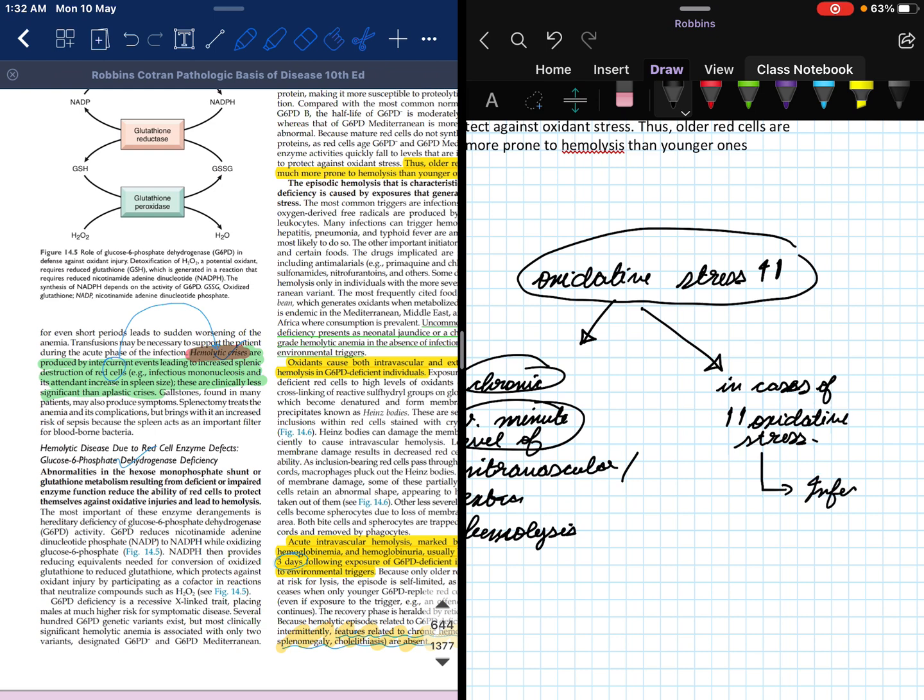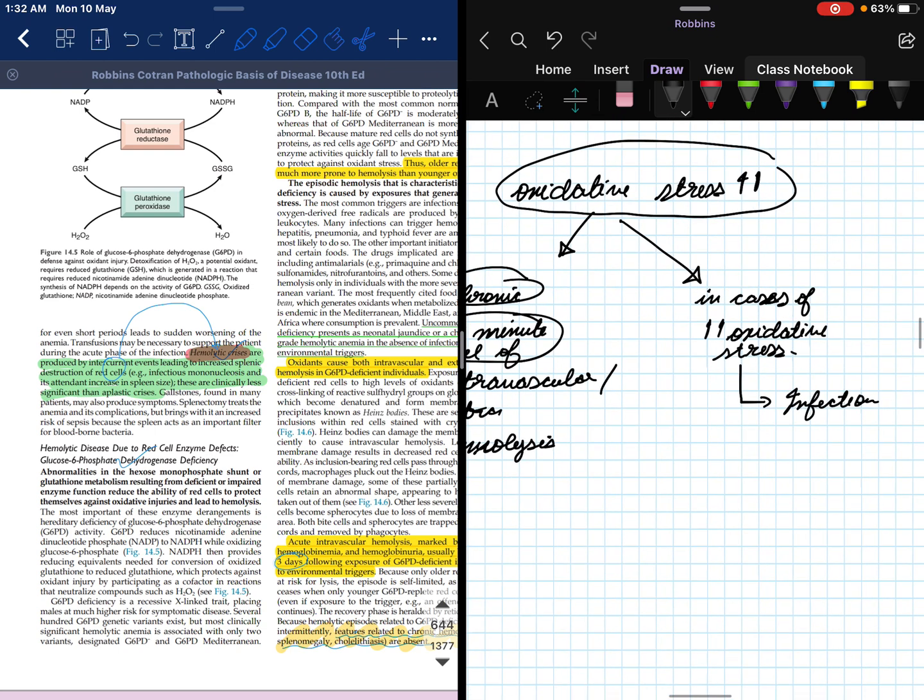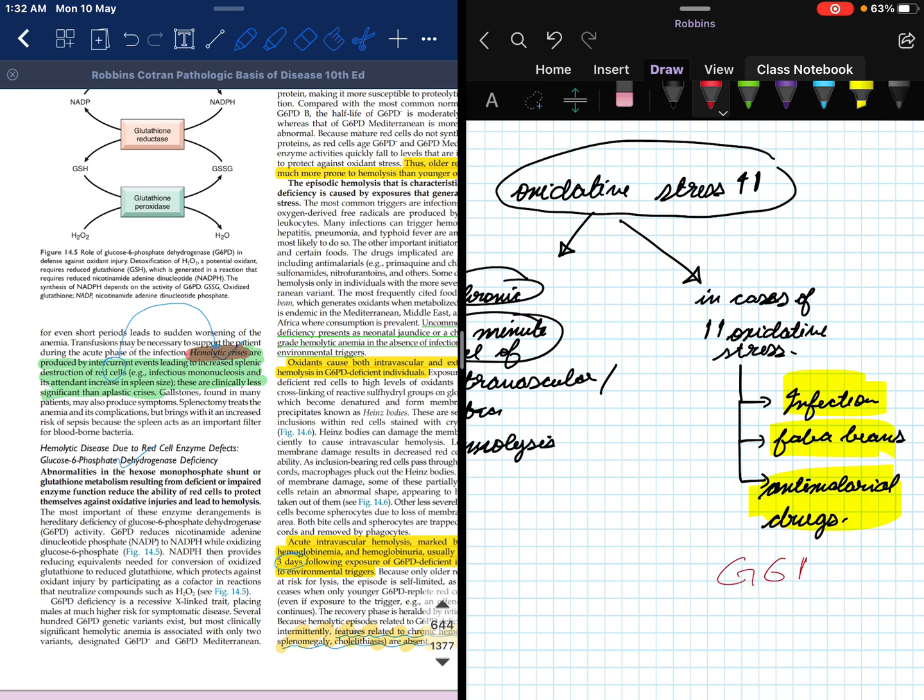Infections, eating faba beans, and the third one can be anti-malarial drugs. These three things increase the oxidative stress in the RBC, and now the RBC is lacking G6PD, so these three things can become fatal to the RBC.